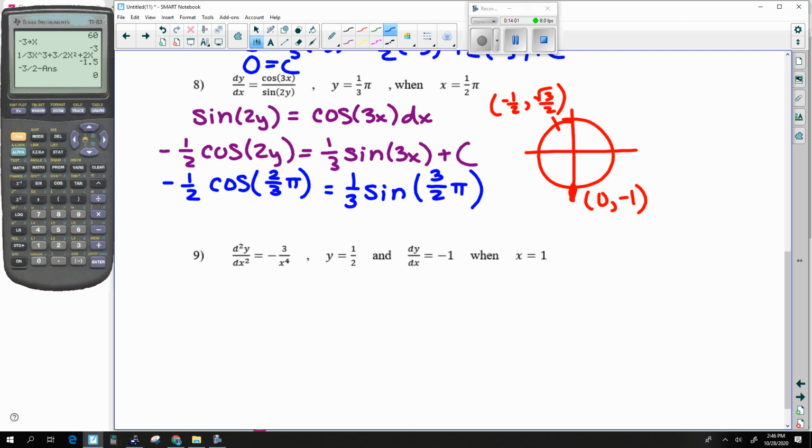All right, so -1/2. Cosine is at the 2/3. Cosine is the x, so that's -1/2. The next one is the sine. Oops, excuse me, this is plus c. Sine, cosine, sine, so this is -1. And kind of minimize this, get myself a little bit more working room here.